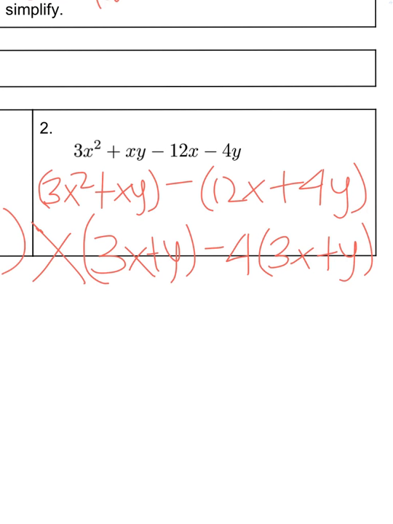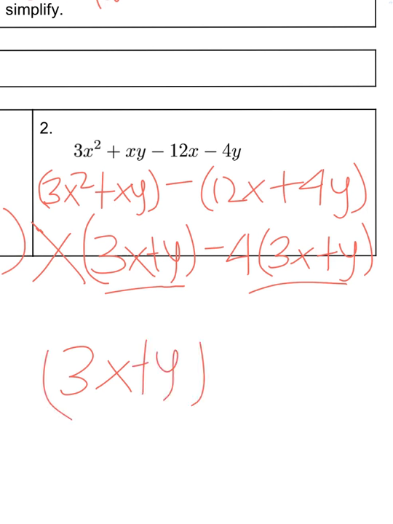Finally, we can take out 3x plus y from each group. So we have 3x plus y, and we're left with x minus 4. And that is your final answer.